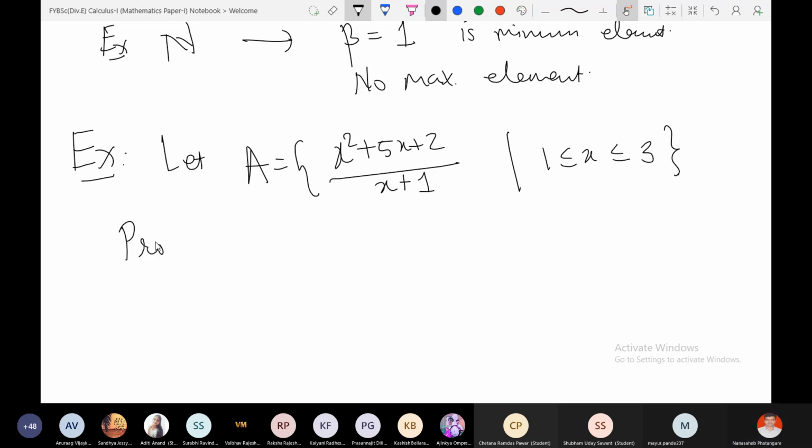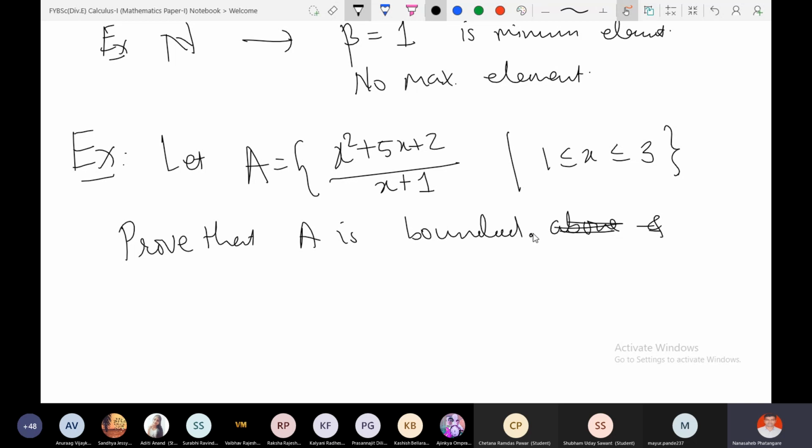Prove that this set is bounded above, or prove that the set is bounded. That means it is bounded above as well as bounded below.